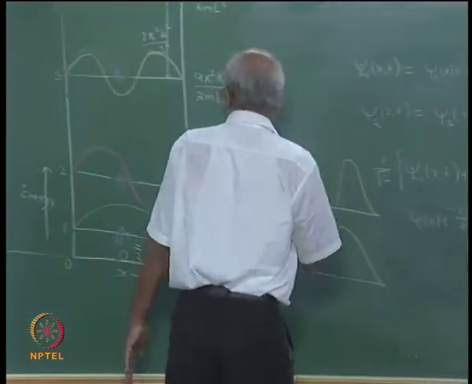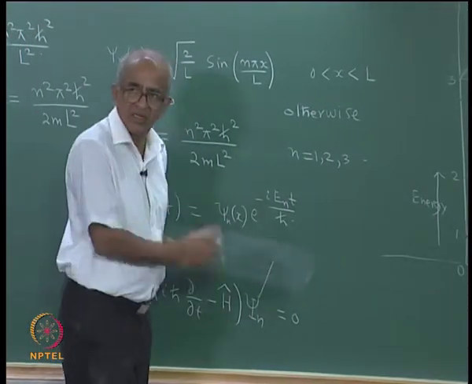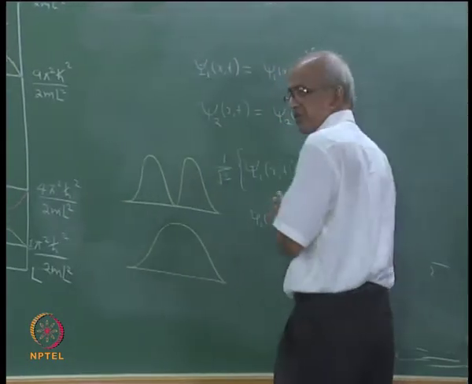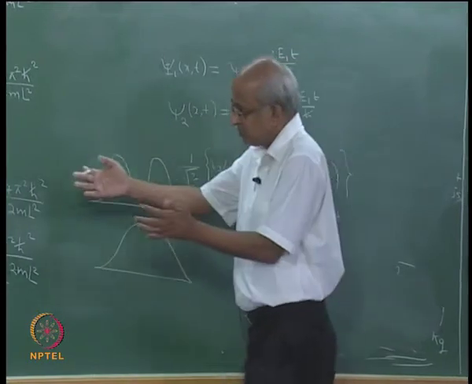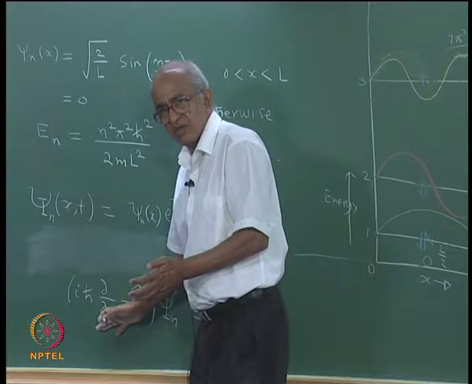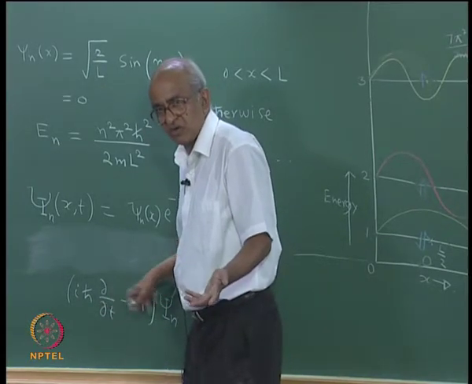All that you need to do is take this operator, this whole thing, and allow it to operate upon this combination. You see, you look at this operator, it is a linear operator, right? H is linear, this is also a differentiation, it is a linear operator, the whole thing.